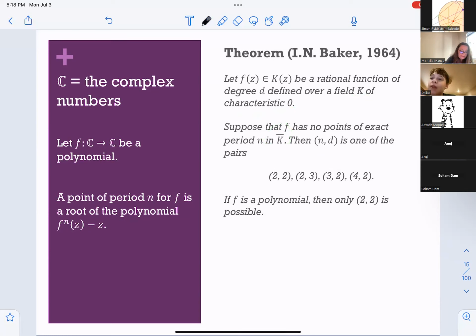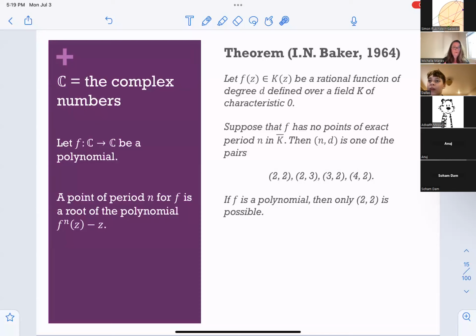If it has no points of exact period n in the complex numbers, then the pair of the period and the degree can only be one of these options. And if it's a polynomial, the only thing that can happen is a period 2 point and a degree 2 polynomial. So a quadratic polynomial can be missing period 2 points, but nothing else can ever go wrong.